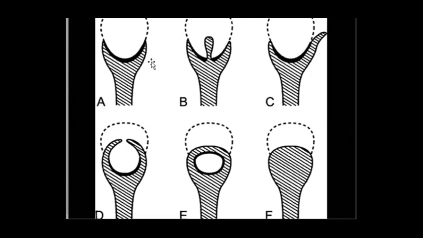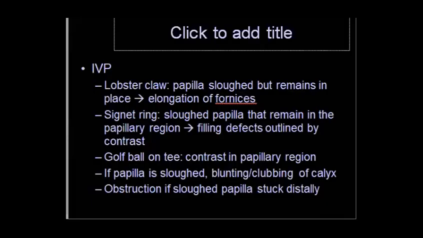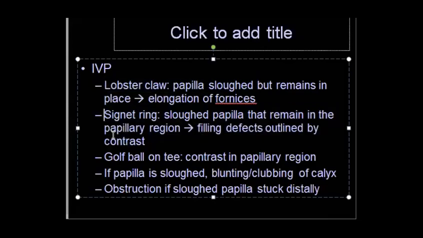And if you have central excavation, it will be what is called ball and tee appearance, or pyelographic extravasation, or excavation, or lobster claw appearance, or signet ring appearance, and finally sloughed papilla with club deformity. Everyone knows this from the text, and it is like the conventional appearance, golf ball on a tee.